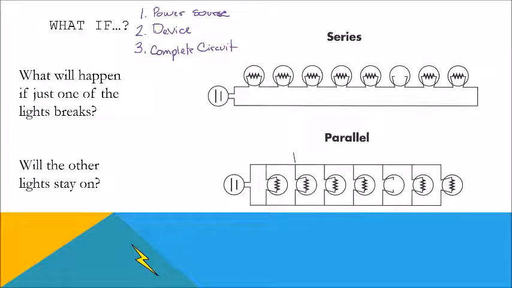In series, when one light bulb breaks, it creates a gap in the circuit. So if we go from the outlet or the wall or the battery, the electrons could travel that far, but then there's a break. And because there's a break, none of the light bulbs will light.